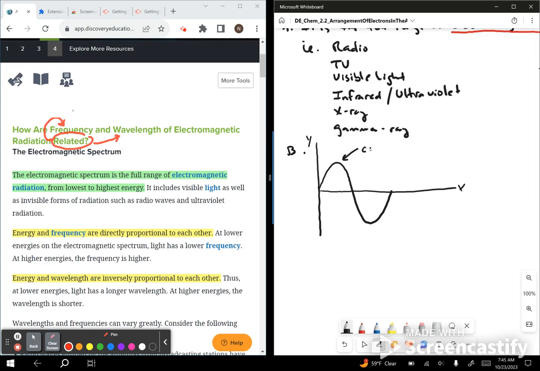This is the crest. This was the trough. And this was one full wavelength. And we also had something called the amplitude, the height of your wave.